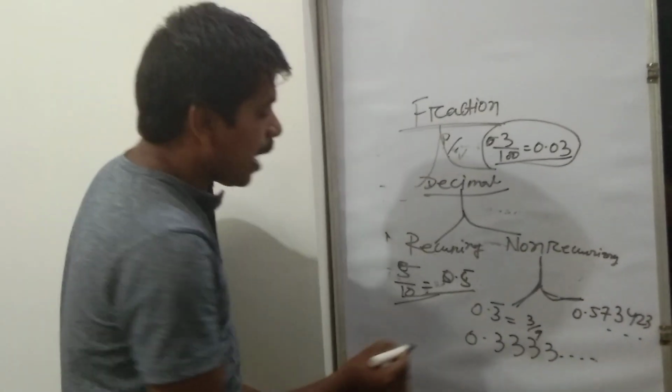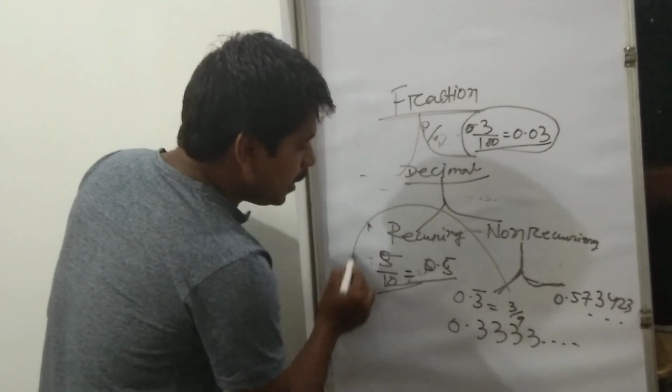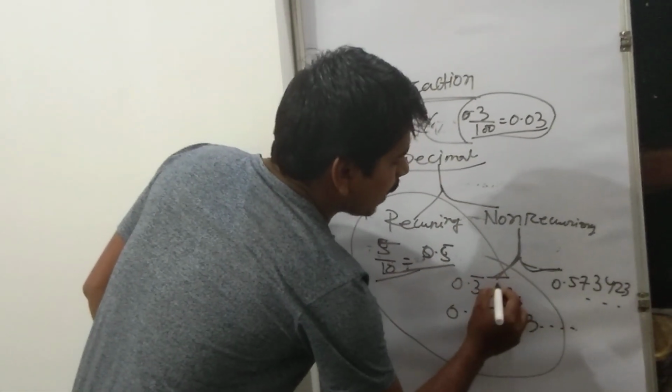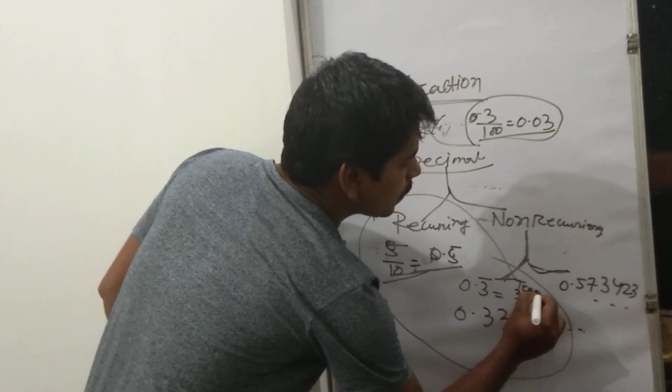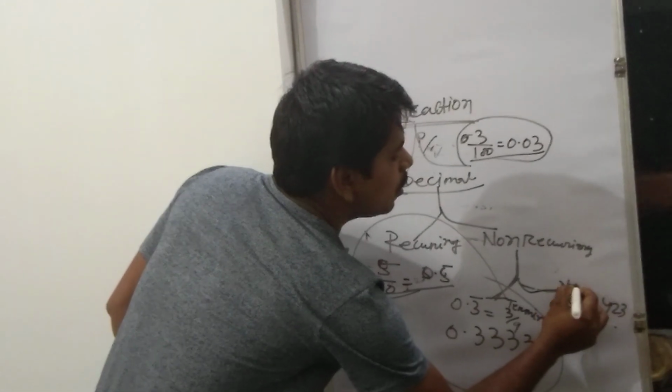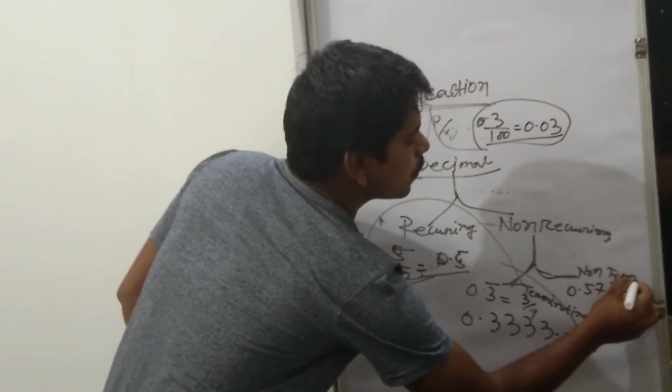Okay, now this one the recurring, and the non-recurring. First one is terminating, and this one is called the non-terminating. Which are called the terminating?